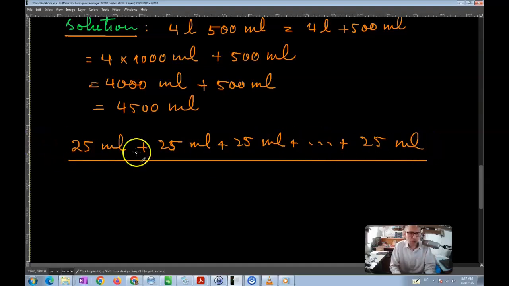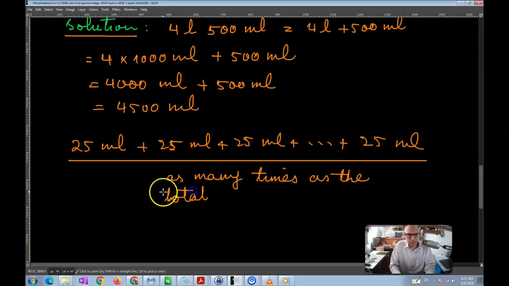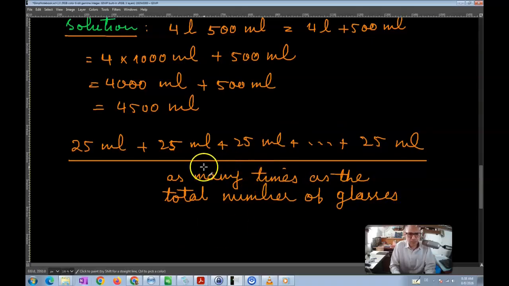You don't know how many times, so as many times as the total number of glasses. And because I don't know the total number of glasses, I'm going to call it X, right? I'm going to call this X.